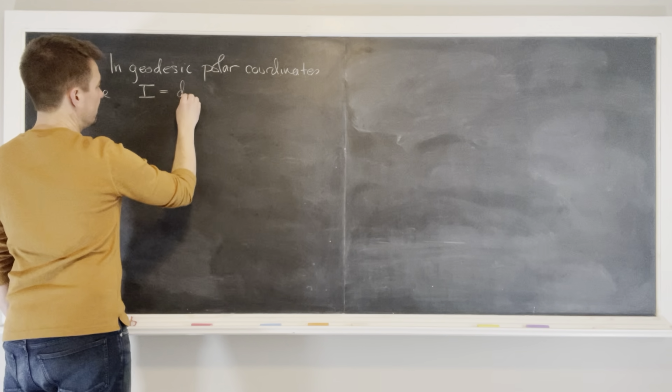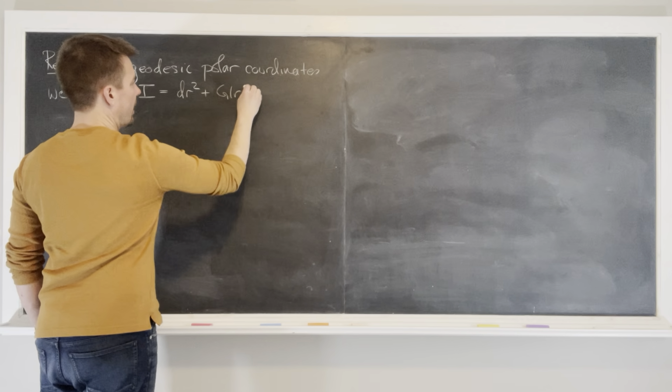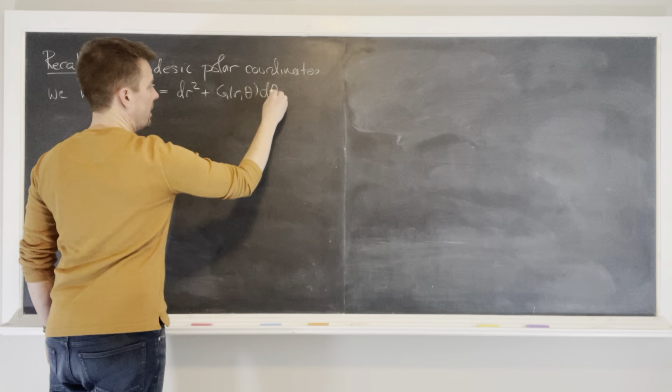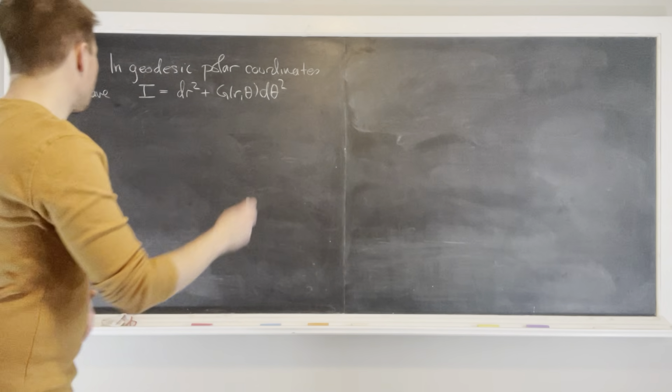That looks like dr squared plus some function g of r and theta d theta squared. In this video, we'll discuss properties of the function g, okay?